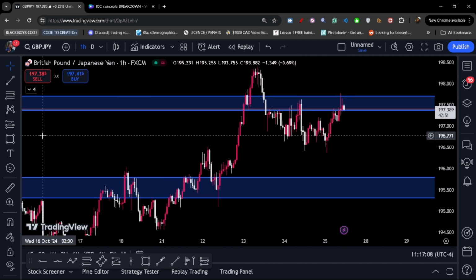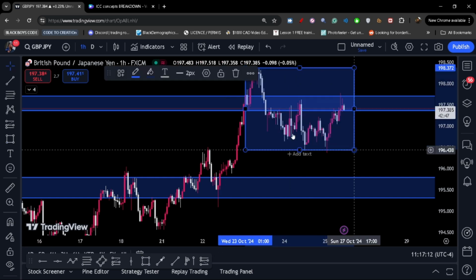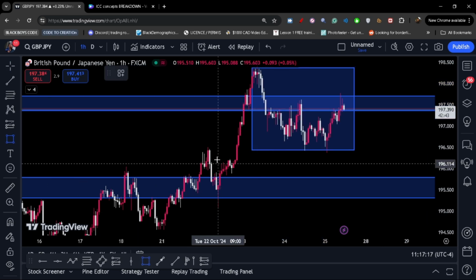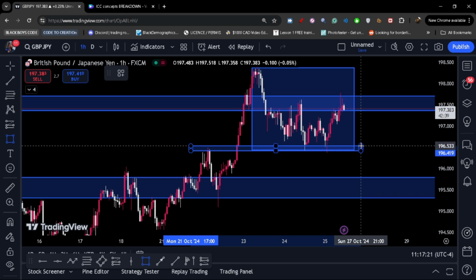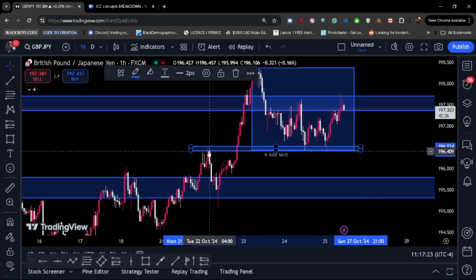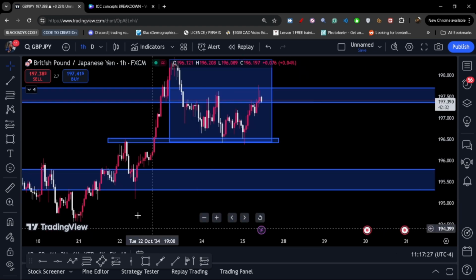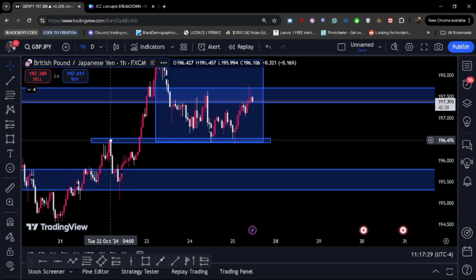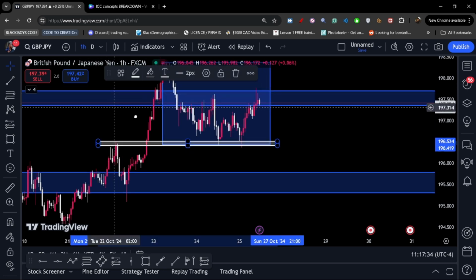Before this move happened, I had my area of interest right here, boom, because this was the high and there was nothing here, which gives price this valid area of interest right here, boom. And then I color code this to white.